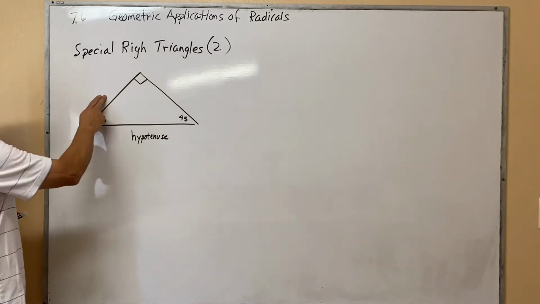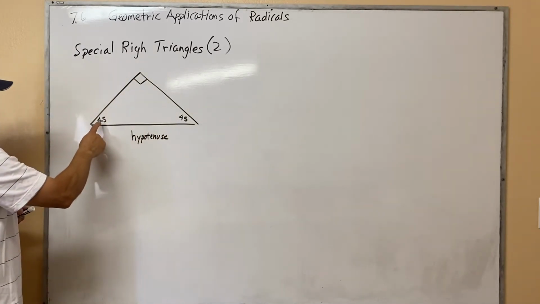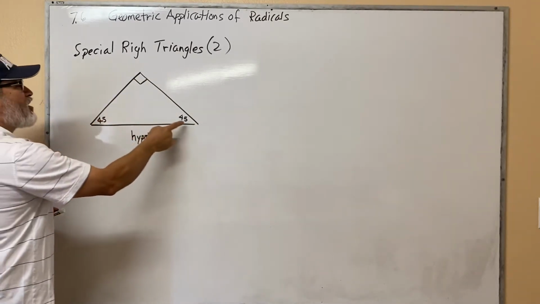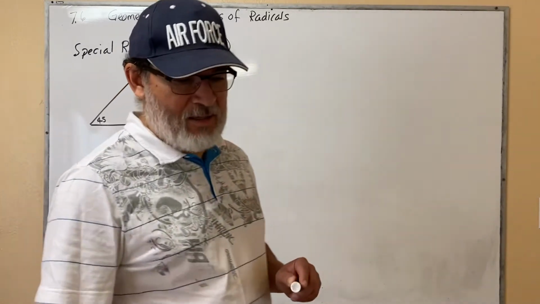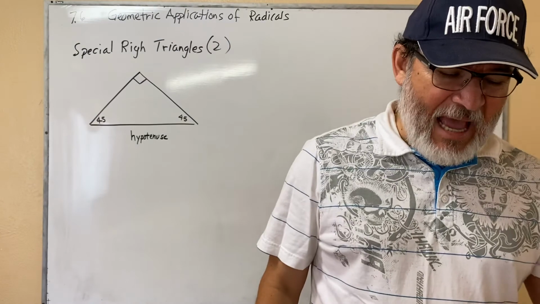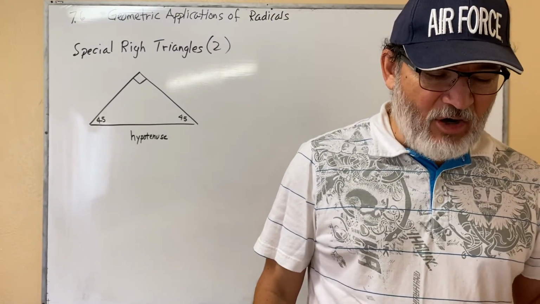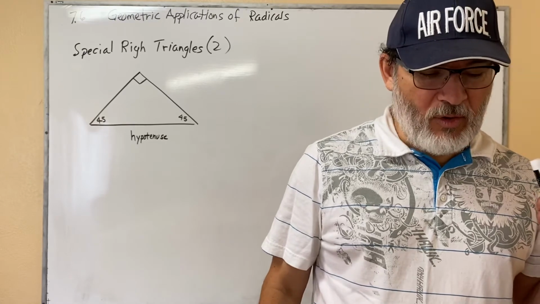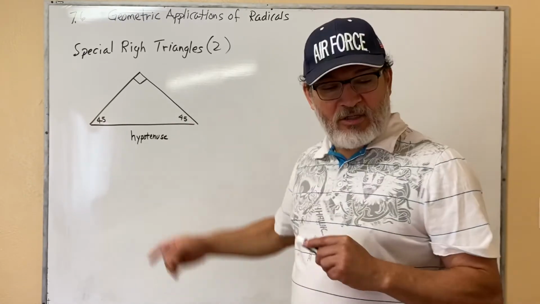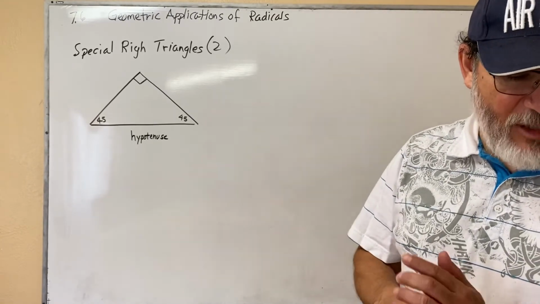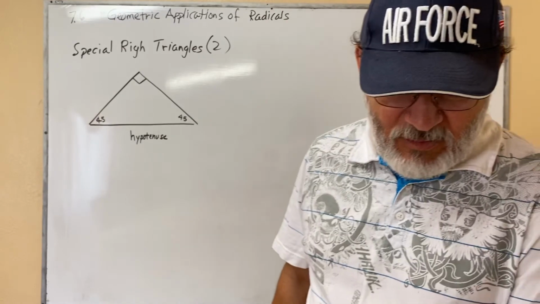This must be a leg, this must be a leg, and because the angles are equal, the legs are equal. Because the angles are equal, that means the legs are equal. We are gonna call that triangle an isosceles triangle.